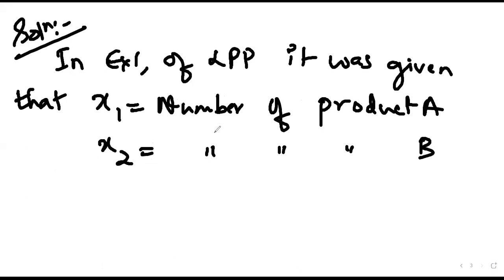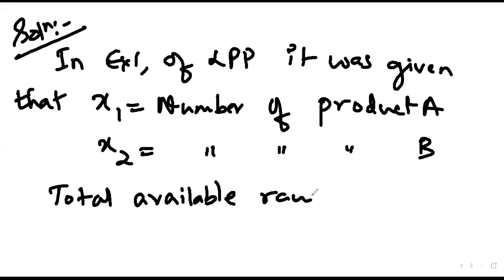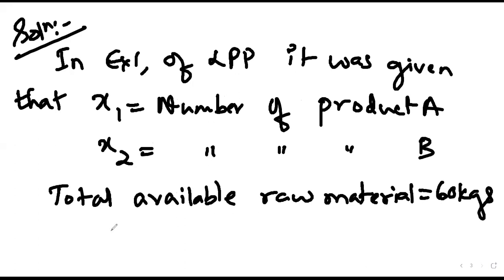Everyone agrees? And the total available raw material. Tables and chairs were given, correct. I will write it in brackets as table.